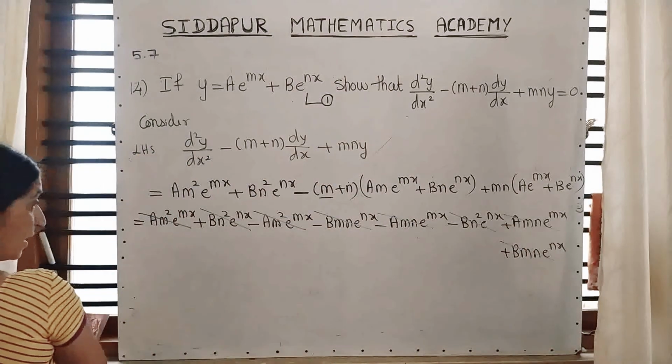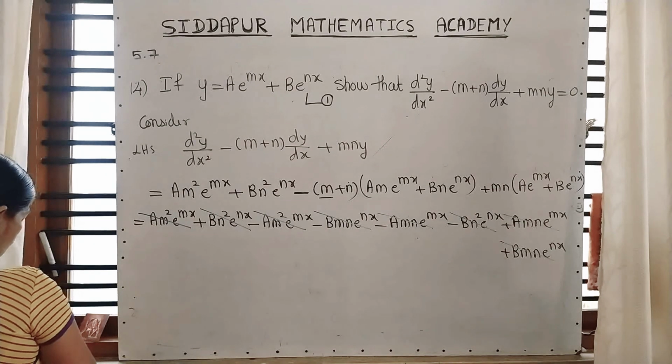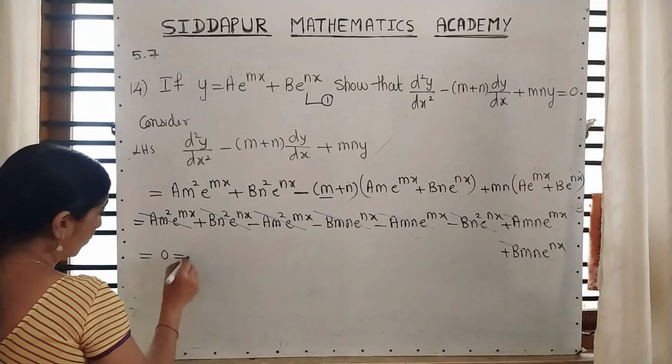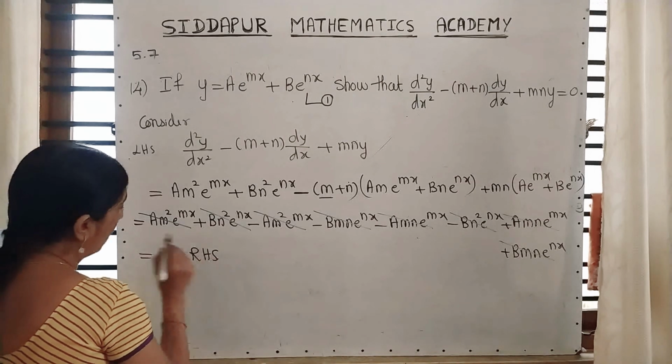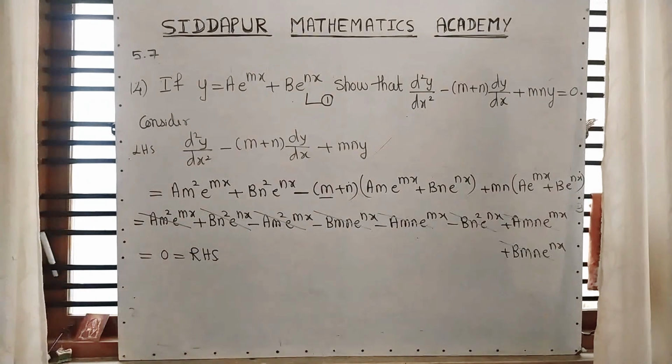All the terms get cancelled. So what is remaining? Now 0 is remaining. That is nothing but right side is equal to 0. That is RHS. Now moving to the next question, that is question number 15.